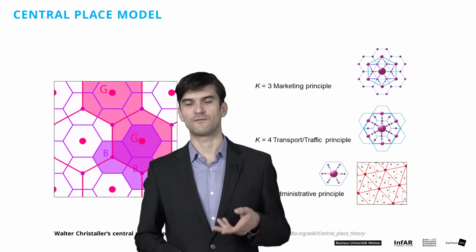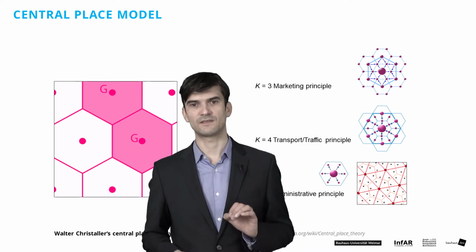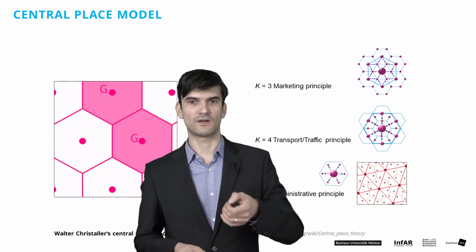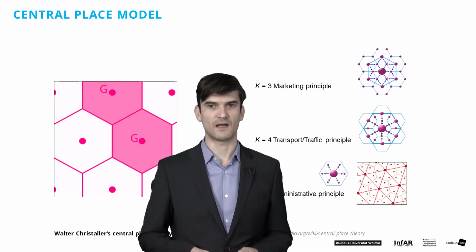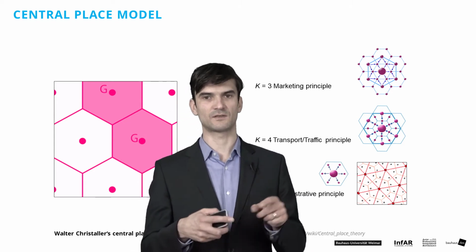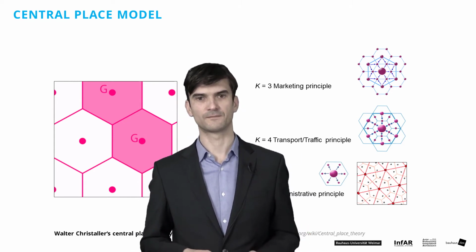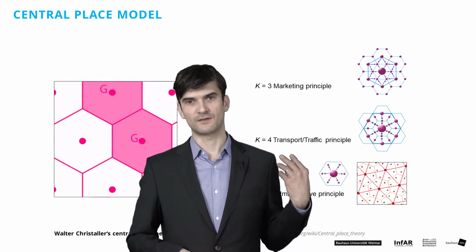The transport network itself is not the most efficient one because there are no intersections or intermediate transport links in the network between the larger places, or between the nodes. So no streets intersect where you don't have a city or a node. Therefore, there is the traffic principle, as illustrated on the slides as well.